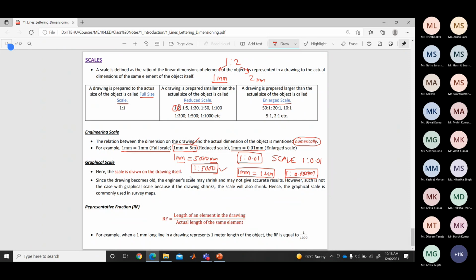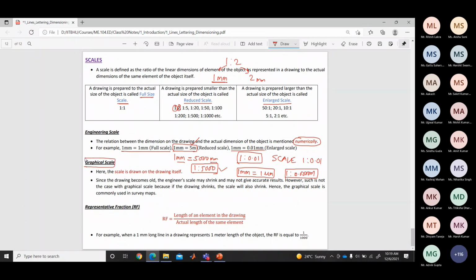And in that case, when we try to obtain readings on the drawing, we get inaccurate results because of the shrinking of the paper. So in order to overcome this issue, we use the graphical scale.